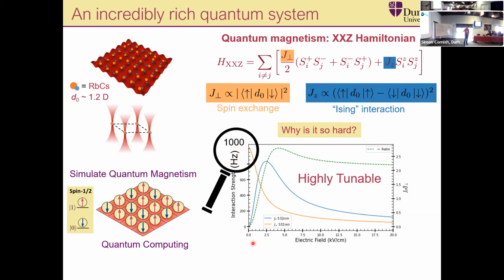This is the interaction strength for rubidium cesium in a standard 532 nanometer lattice, so the 532 nanometer spacing that you get there. And this is only going up to 1 kilohertz. This is the dipole-dipole interaction. This is why I stopped saying it was strong. I mean, it's reasonably strong, but it's not super strong, right?